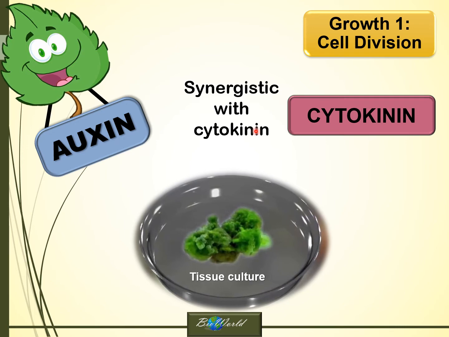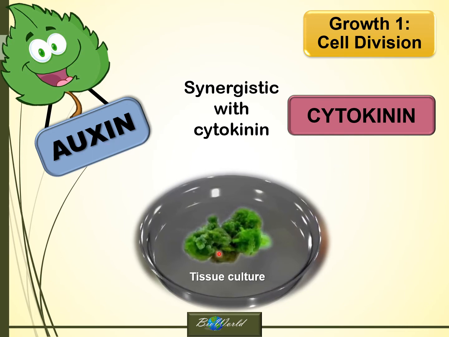Okay, but you must remember, sometimes in certain plant processes, auxin and cytokinin are not synergistic. They work opposite to one another, which we call antagonistic. I will explain that when we discuss cytokinin. Now coming back to the role of auxin and cytokinin in tissue culture.